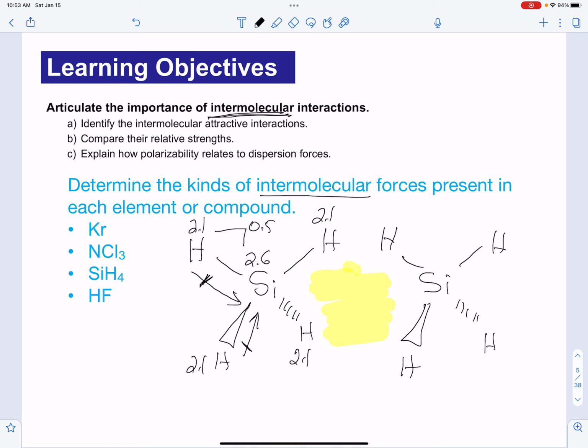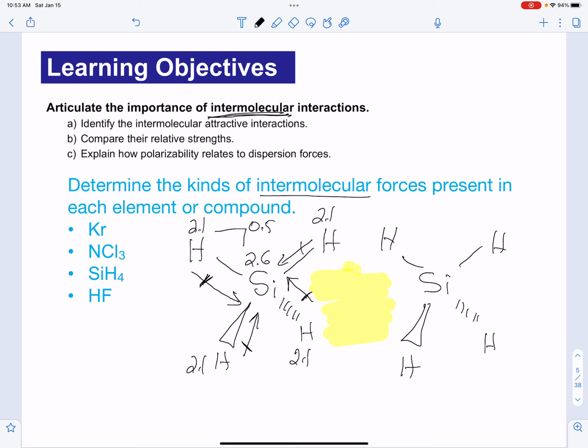We have a force going that way, a force going that way, and a force going that way. Imagine that you're sitting on a chair and 4 people are pushing at you from those 4 directions with the same amount of force. Would the chair move? The answer is no. All those forces are going to cancel each other.